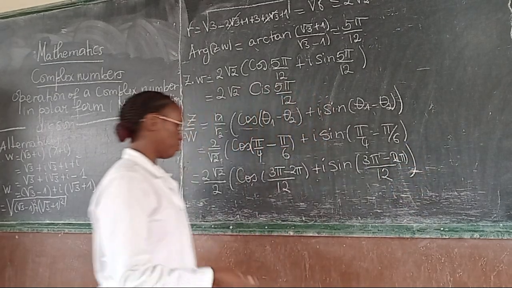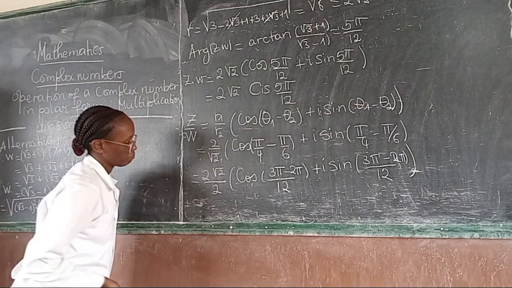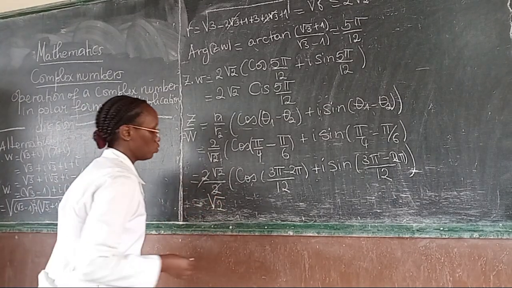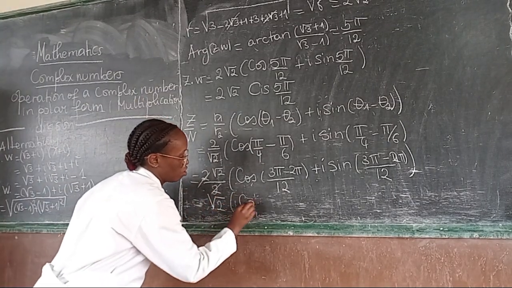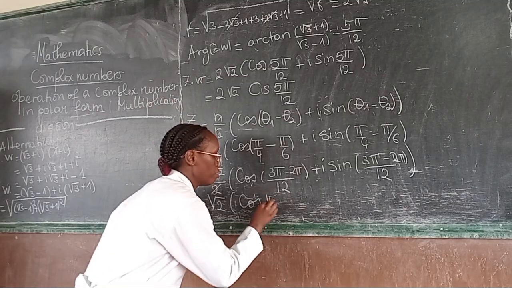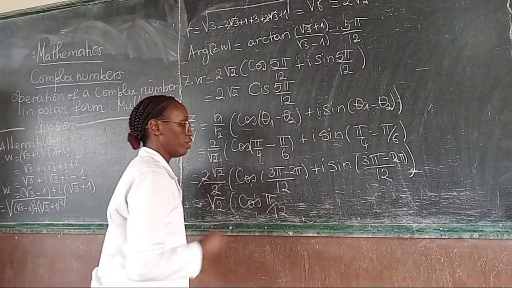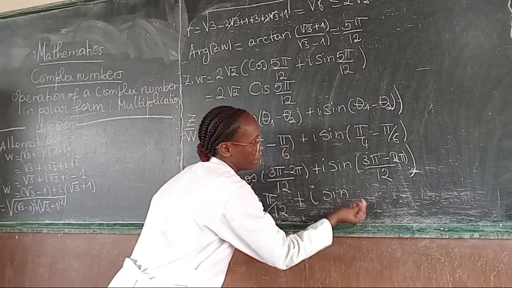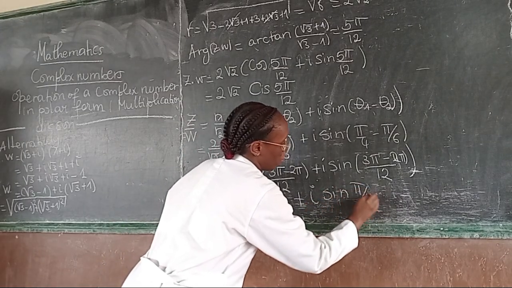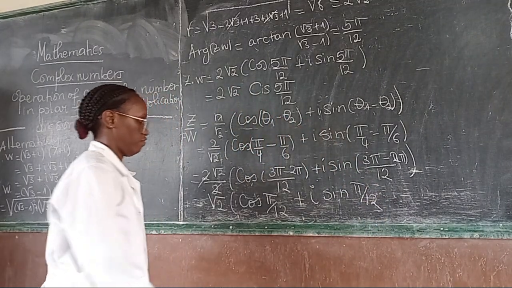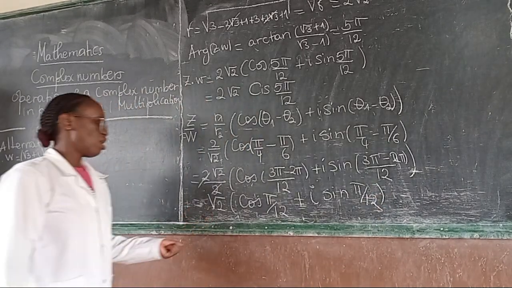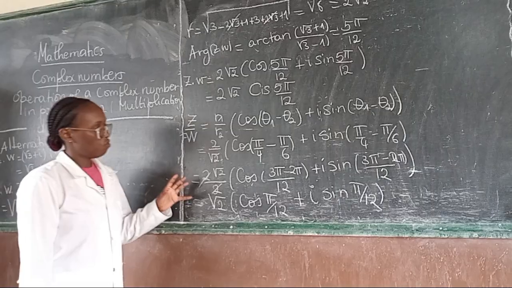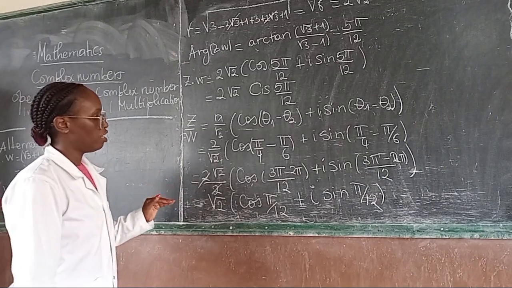So finally what we have? We have square root of 2 cosine pi over 12 plus I sine pi over 12. So that is how we did multiplication and division of a complex number in polar form.